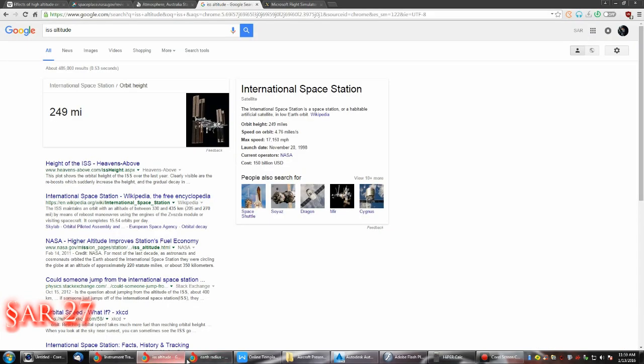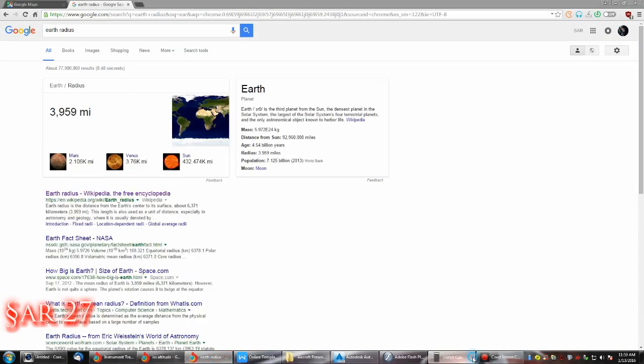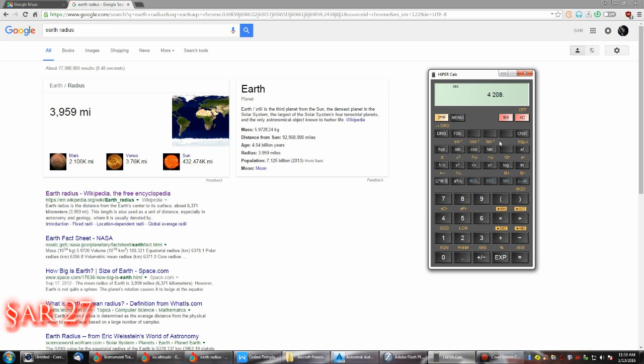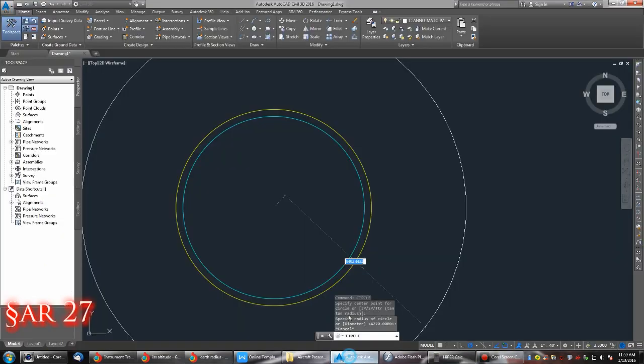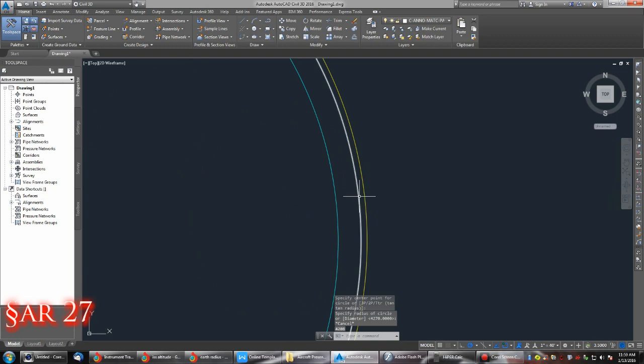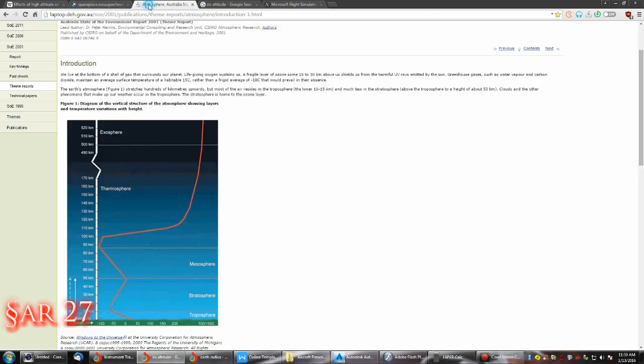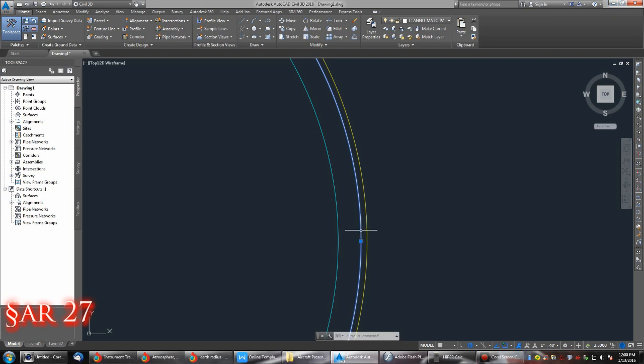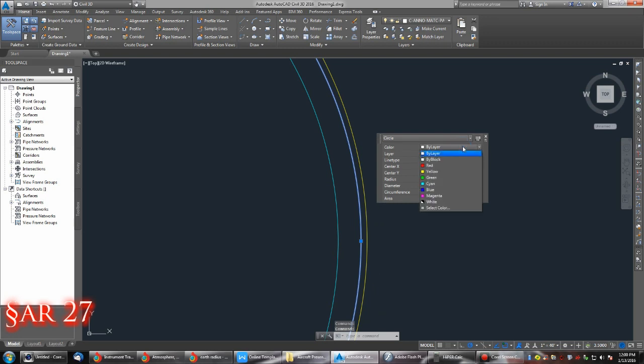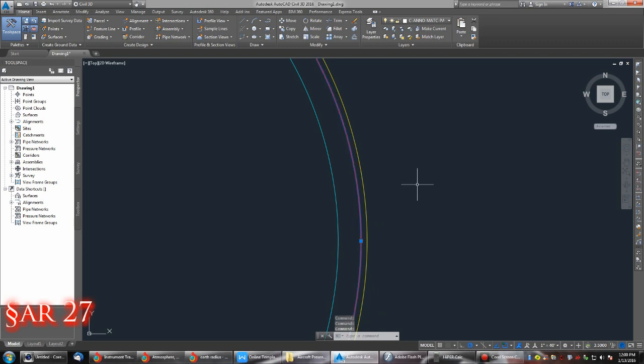Plus, to verify, 249, about 250 miles, 4208. Now you can see that is not above the thermosphere. It's about this area here. It's still within the thermosphere. Now, I'm going to change this to red, the flight path of the ISS.